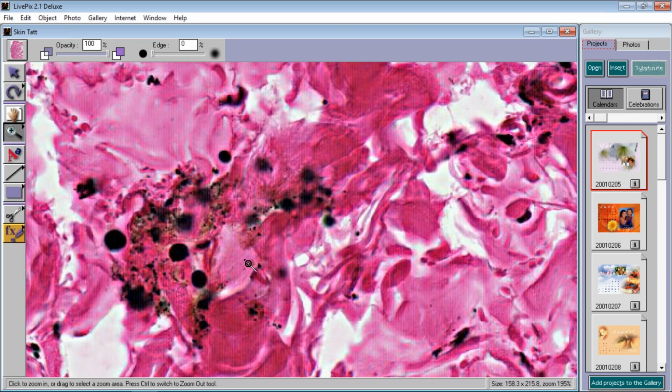Well, what if I told you that these little black particles are almost entirely within macrophages, because you see them as close as inside the macrophage nuclei. We're saying, well, there are macrophages chewing up black particles. And what could that be?